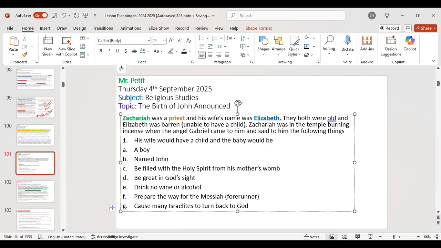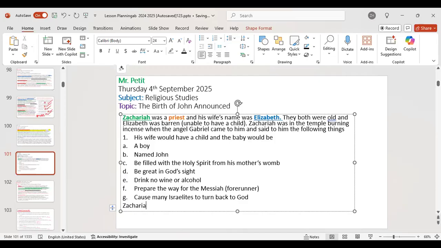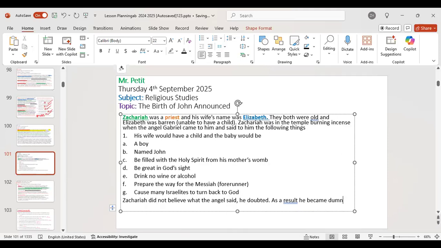Now, Zachariah did not believe what the angel said. As a result, he doubted, right? As a result, he became dumb. What do you mean by dumb? Unable to speak.